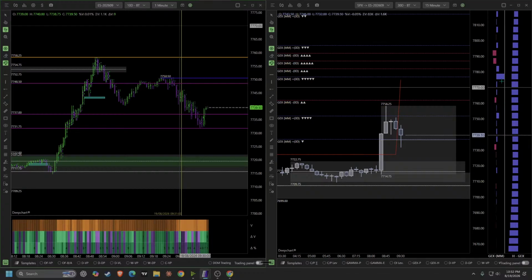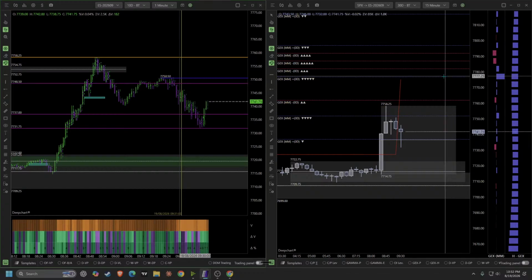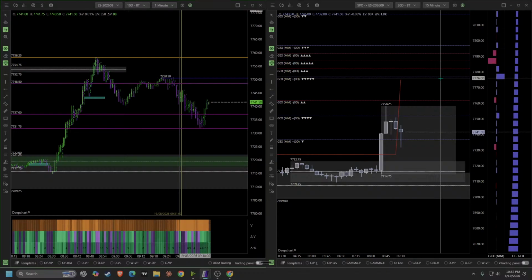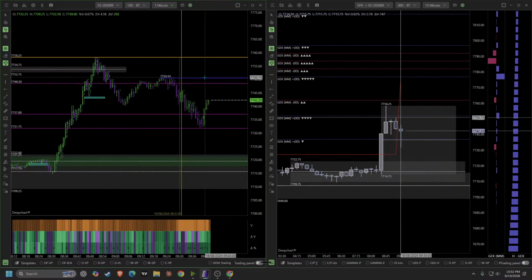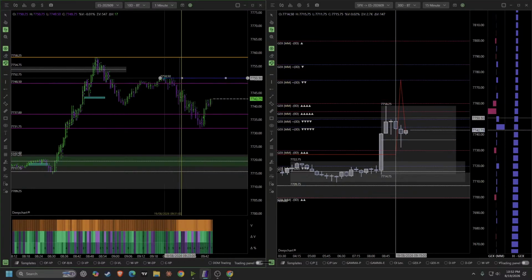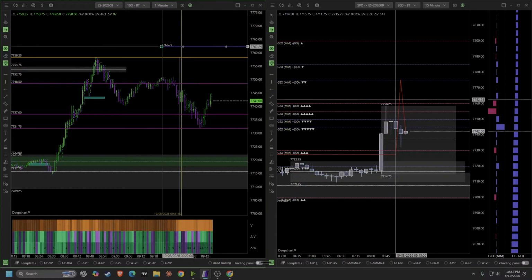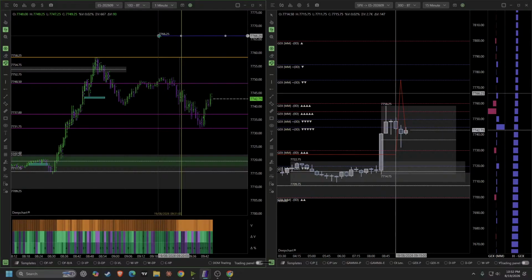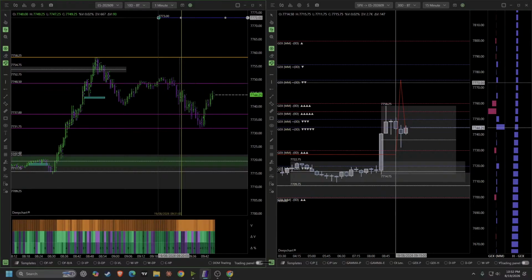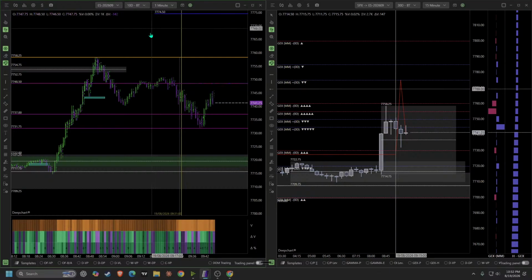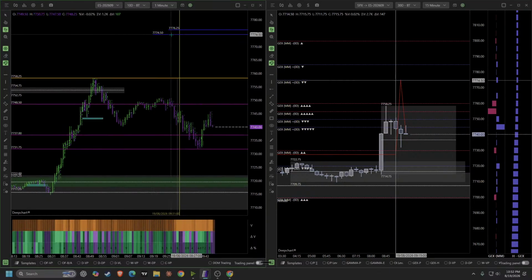The GEX levels are changing over here as well. 77.76 is the largest number. 77.50. So it's moving up. 77.76. Way up here.